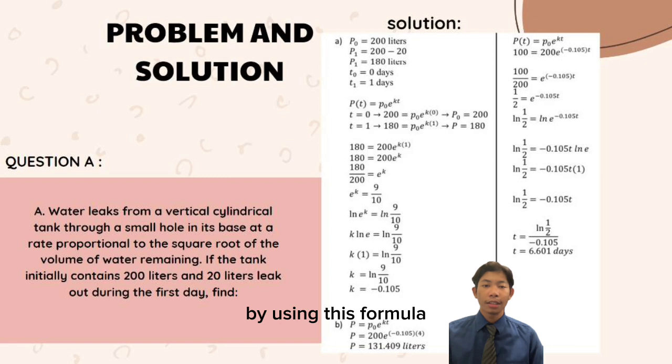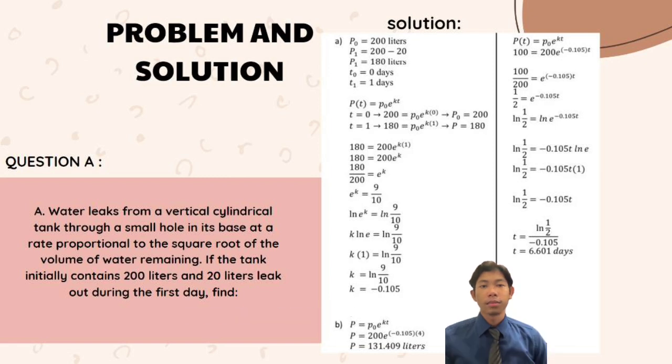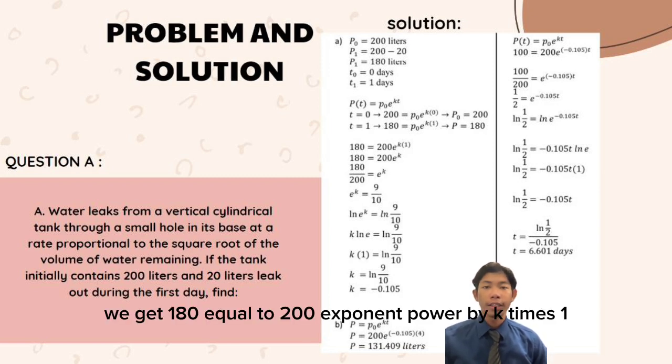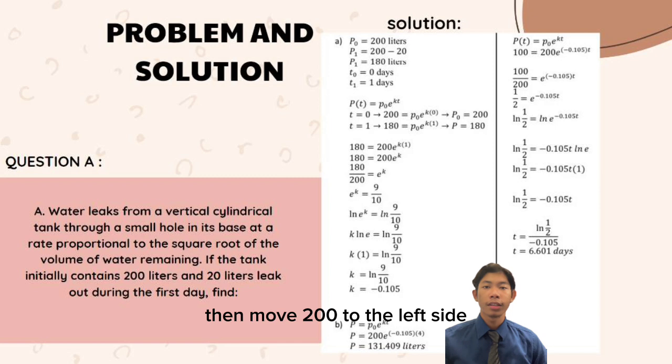By using this formula, we need to find the value of k. Enter all the values into the equation. We get 180 equals 200 e to the power of k times 1. Then move 200 to the left side, so it becomes 180 over 200.